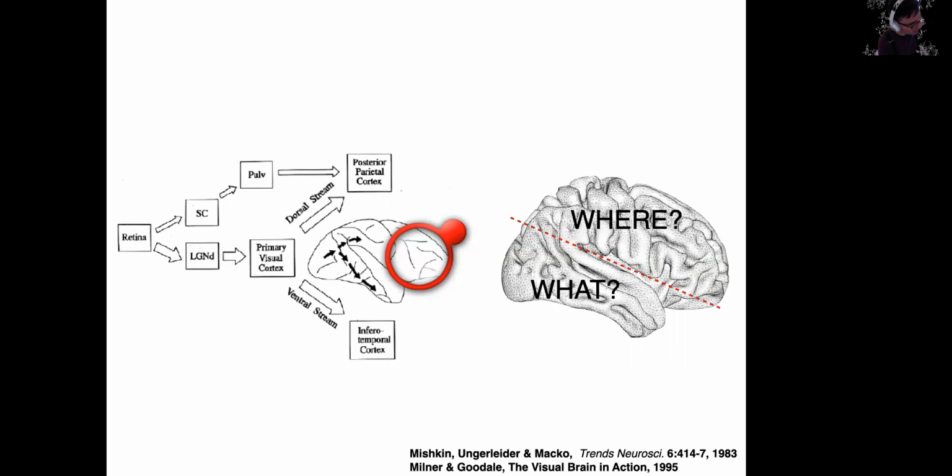The way this stream divides in the occipital, the parietal, and the temporal lobe is quite well known based on anatomical investigation and electrical recording in monkeys, but how it extends to the frontal lobe is actually quite unknown.